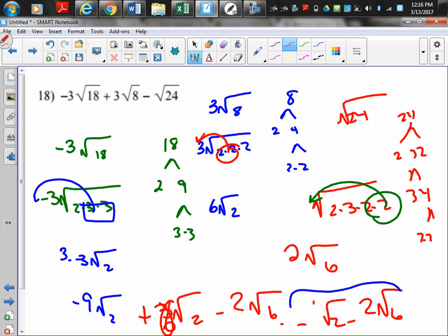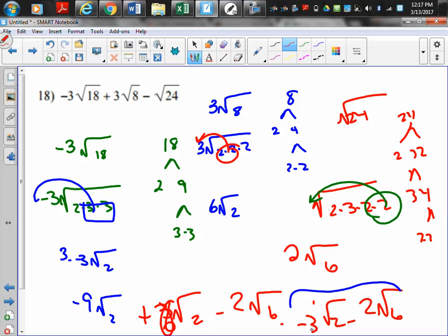So negative 3 square root of 2 minus 2 square root of 6. Good job, Christopher.